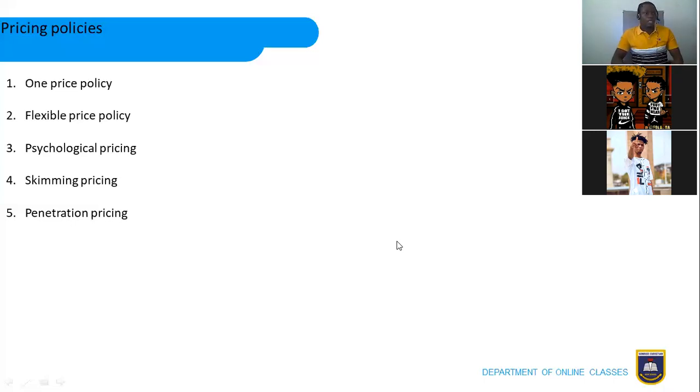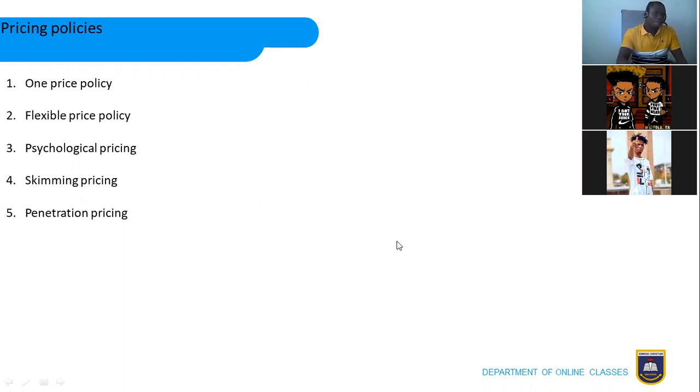Okay, then the second one, we have the flexible price policy. So the flexible price policy is just like the opposite of the first one, that's the one price policy. Okay.